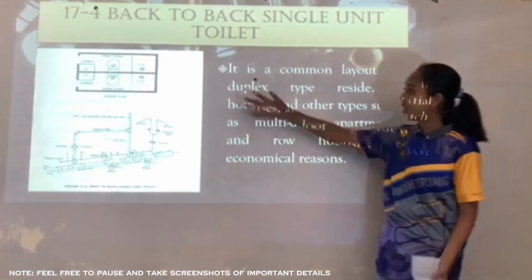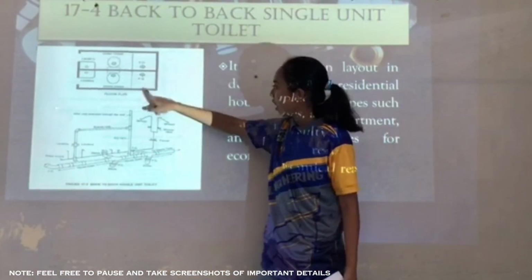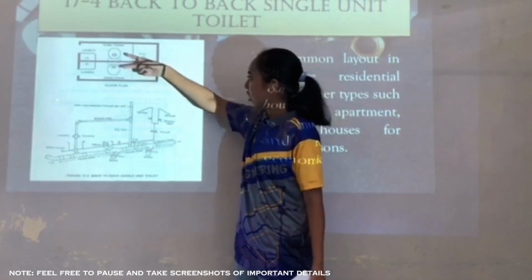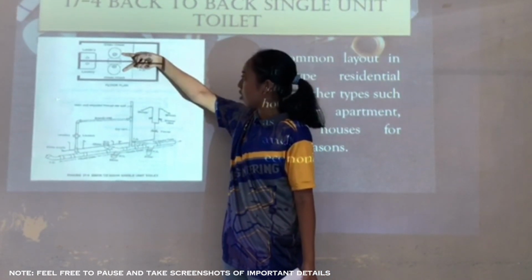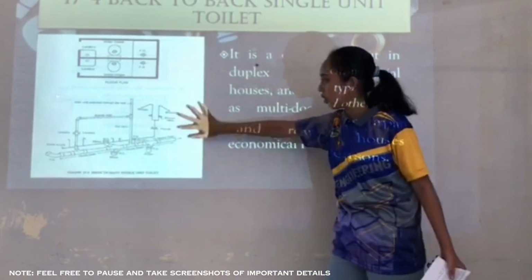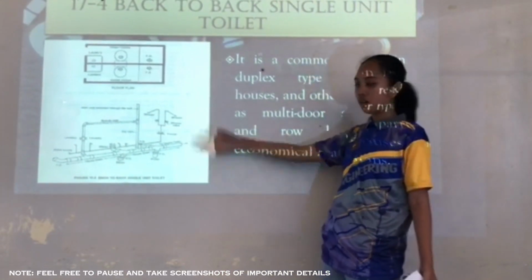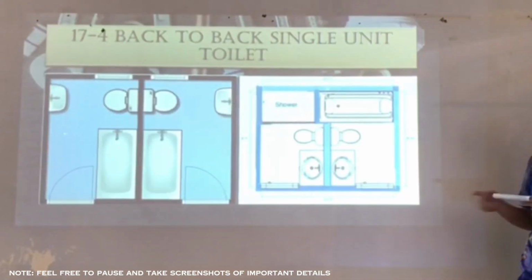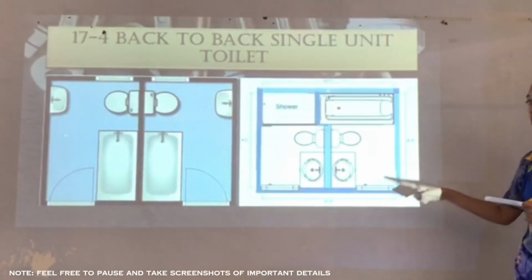So, this is the floor plan, which has the shower area and the back-to-back water closet and lavatory. And this is how the pipes are installed. Next.